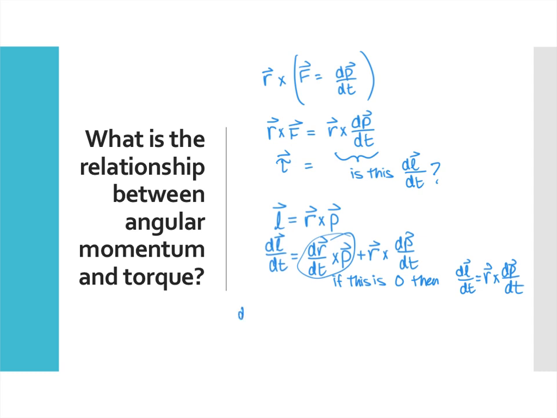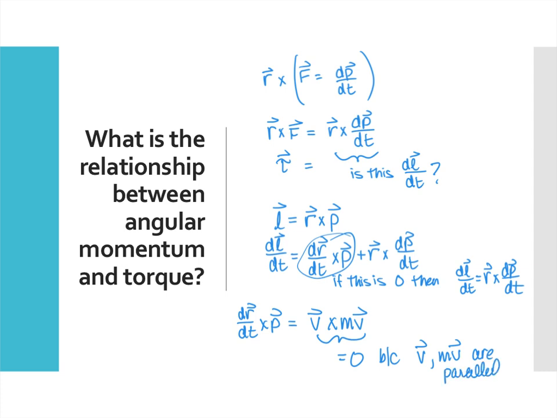So dR/dt cross P could also be written as v cross mv, because dR/dt is v. This is equal to 0 because v and mv are parallel. And the cross product of parallel vectors is actually 0 because they're in the same direction. There's no angle between them. So our answer to the question, if this was dL/dt, the answer is yes.